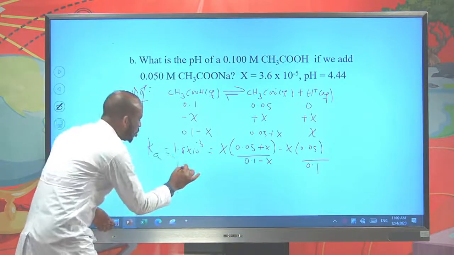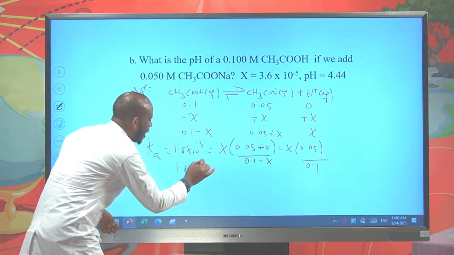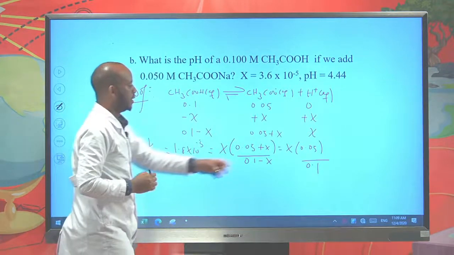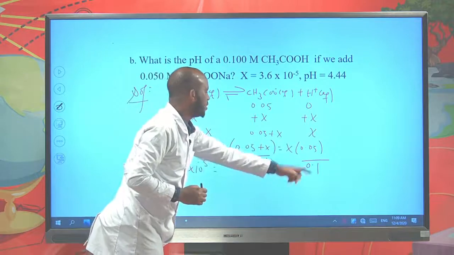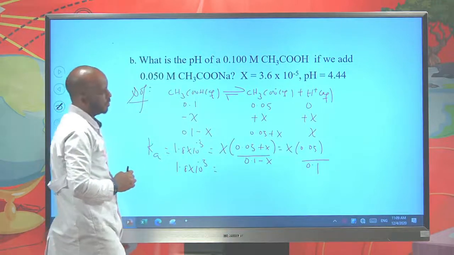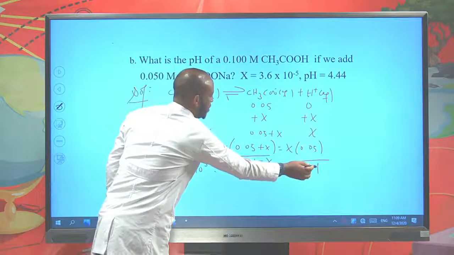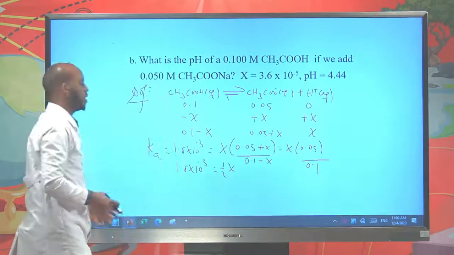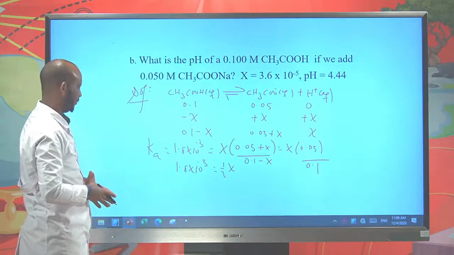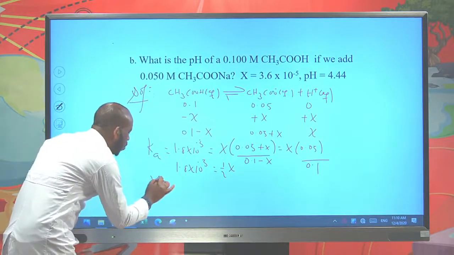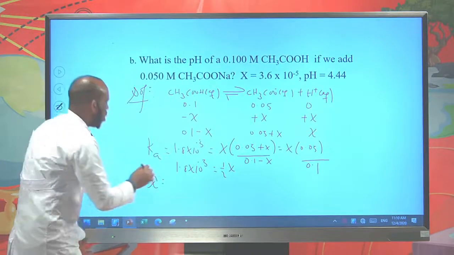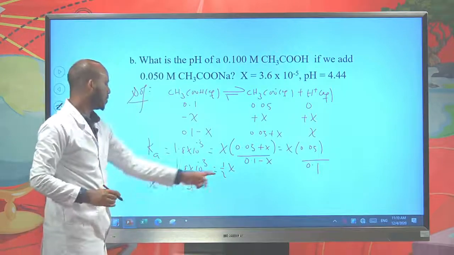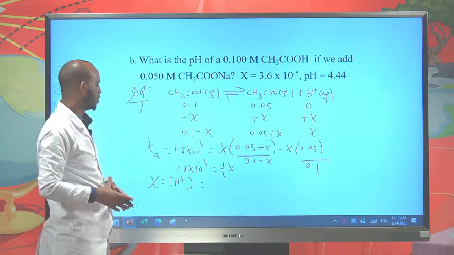Now 1.8 times 10 raised to minus 5 equals 0.05 divided by 0.1, which is 5 divided by 10, that is 1 over 2, times X. From this, X, the equilibrium concentration of H plus, equals 2 times 1.8 times 10 raised to minus 5.